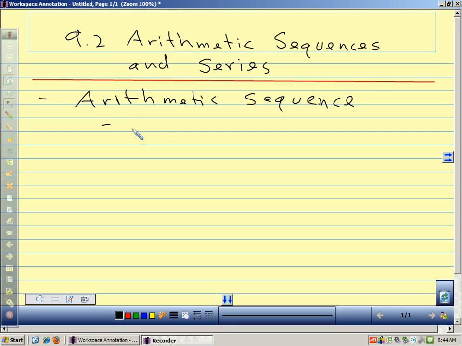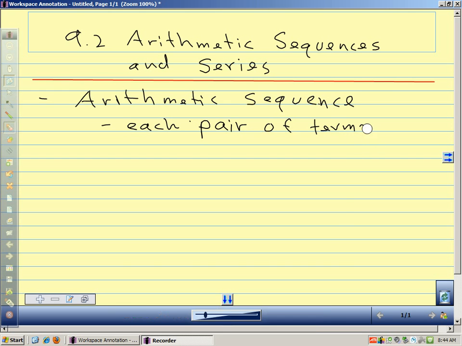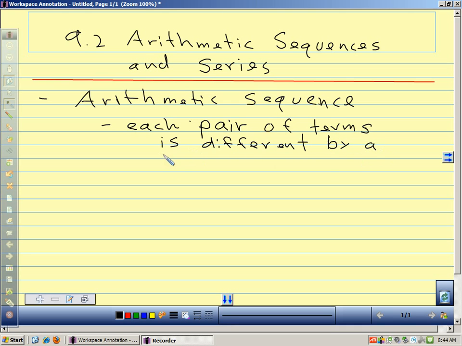So each pair of terms is different by a constant.